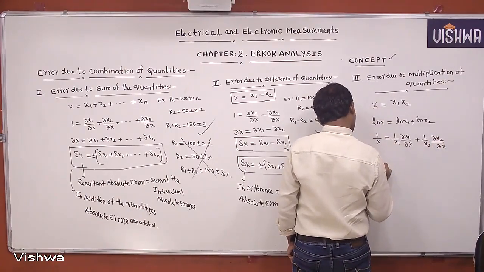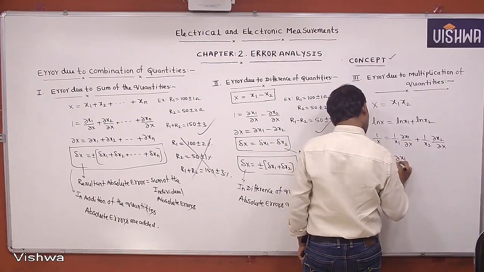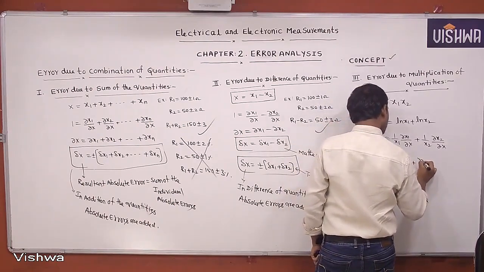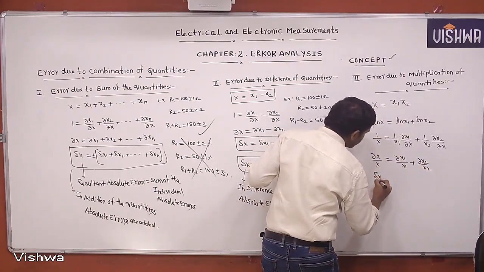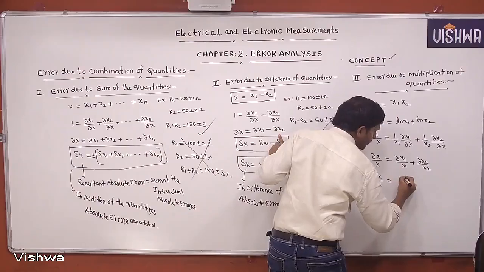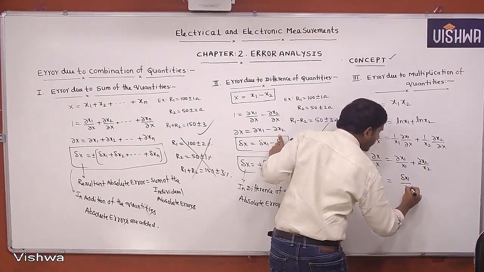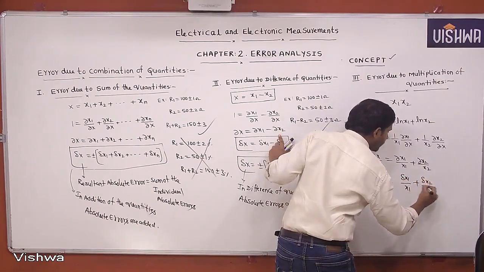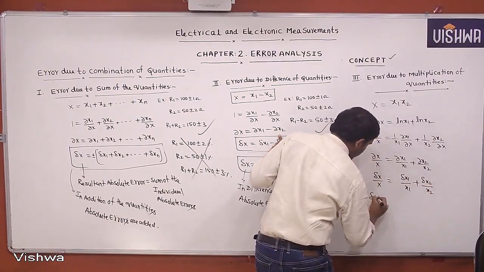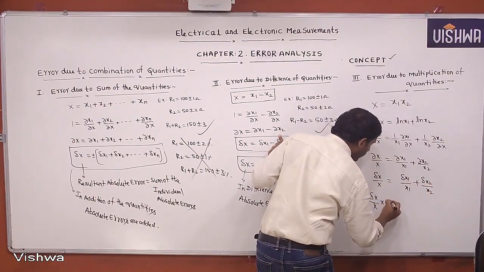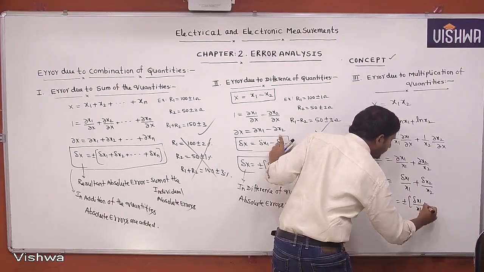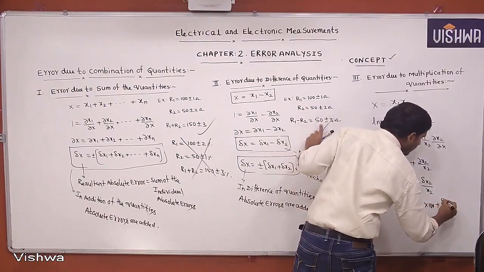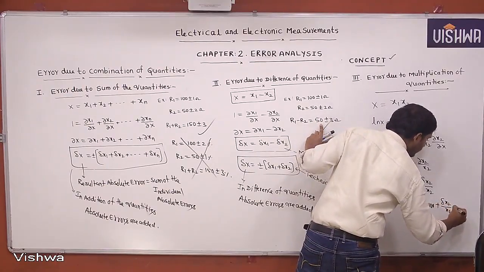Then what we get? Instead of dou, you take delta. Yes, delta x by x into 100 equal to, error may be plus or minus, delta x1 by x1 into 100 plus delta x2 by x2 into 100.